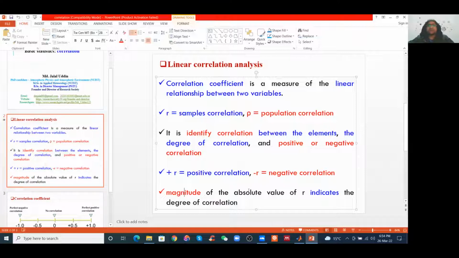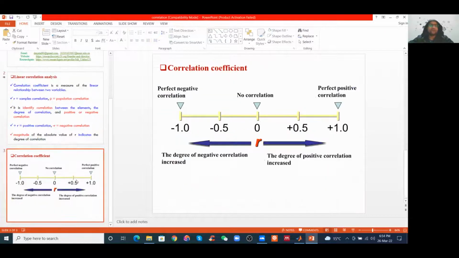So the magnitude, the absolute value of R, indicates the degree of correlation. The correlation coefficient R value ranges from +1 to -1, or -1 to +1, whatever you say. If you get 0, that means no correlation.